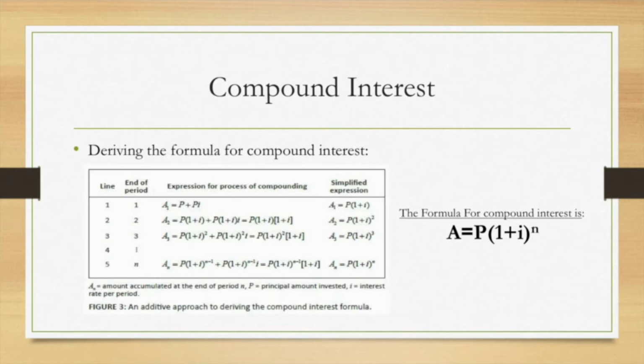This pattern continues and we get a formula for compound interest, which is A equals P(1 + I) to the power of n, where A is the amount, P is the principal, I is the annual interest rate per compounding period, and n is the number of compounding periods.